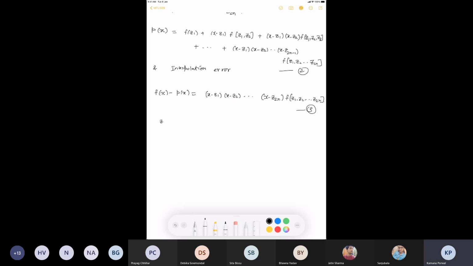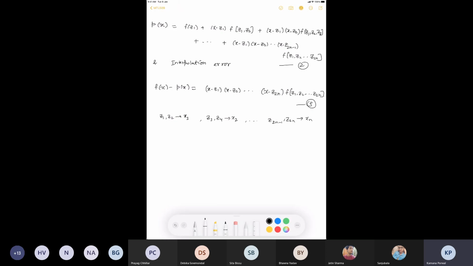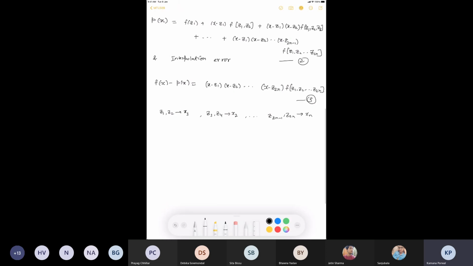So I'm going to take Z1 and Z2 the same and call them X1, and then Z3 and Z4 I'm taking to be X2. Likewise, the last two nodes, Z2n minus 1 and Z2n, I'm going to take as Xn. Okay. So if I do this, what is going to be my interpolating polynomial?